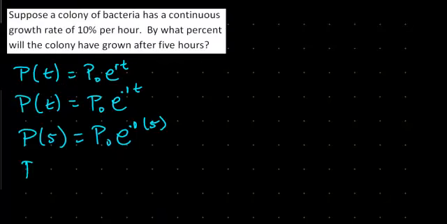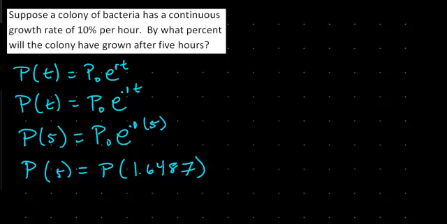P of 5 equals P naught times 1.6487. Okay, and so that's going to be about equal to, we rounded, P naught times 1 plus 0.6487.